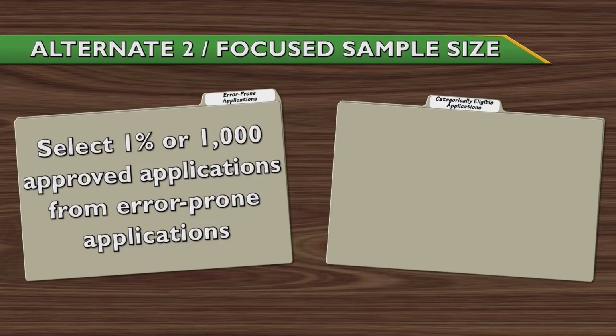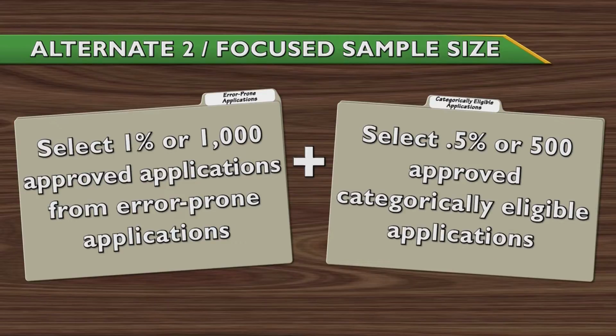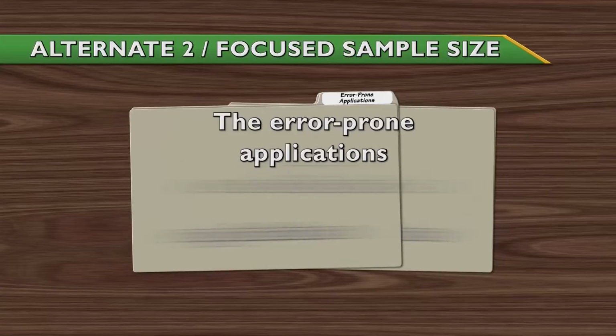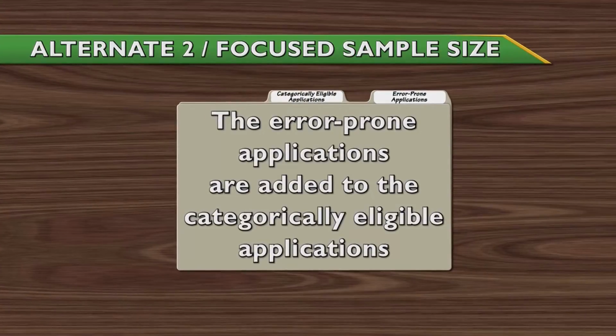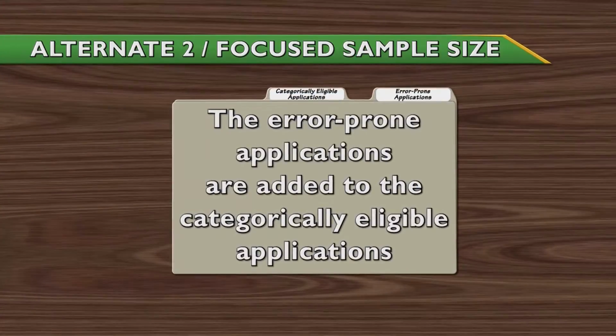Plus, from the categorically eligible applications, those with a case number in lieu of income information, add 0.5% of the total, or 500 approved applications. Use the smaller of these numbers. The number of error-prone applications is then added to the number of categorically eligible applications to obtain the sample size.